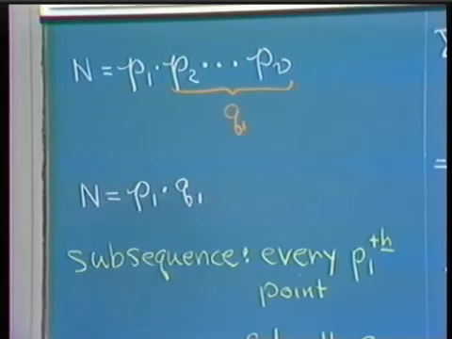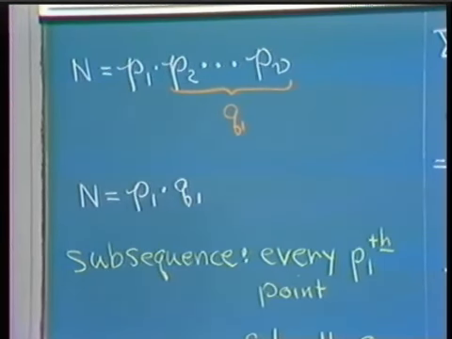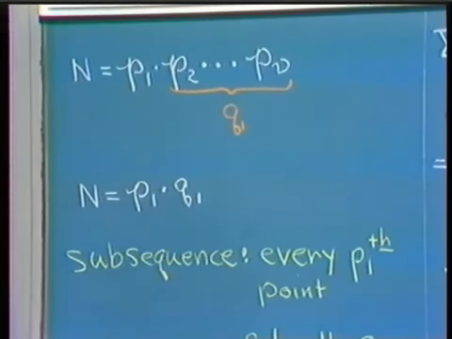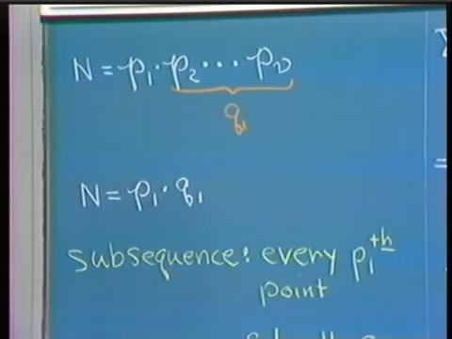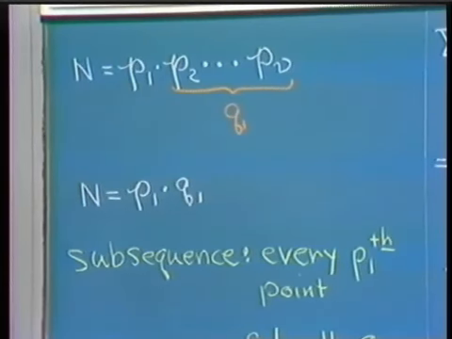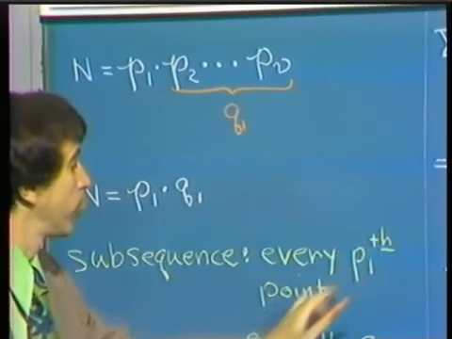In that case, we decomposed with p1 equal to 2 and q1 equal to N over 2. And we decomposed the original sequence into two subsequences, one consisting of the even-numbered points, the other consisting of the odd-numbered points. More generally, we would decompose the sequence into a set of subsequences consisting of every p1th point.